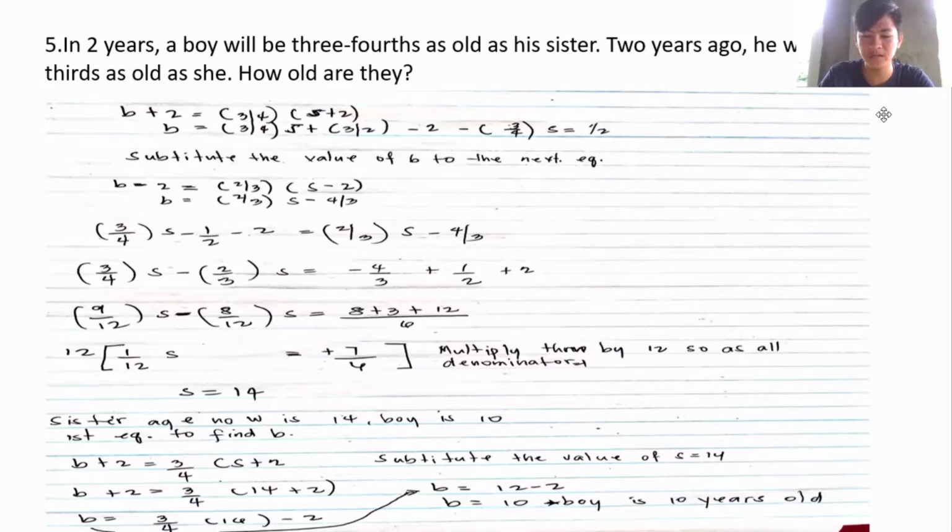Substitute the value of B into the next equation. B minus 2 equals 2/3 times (S minus 2).